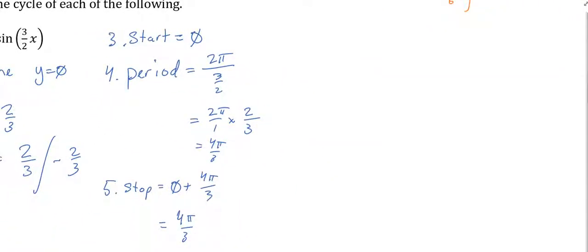So the first thing I'm going to do is the critical points. And that's the period. Some people get confused and use the stop where it ends. You're going to make mistakes doing that, right? In this case, it would work because they're the same, but that's because there's no phase shift, which doesn't usually happen. So make sure you're using the period, 4 pi over 3, and you divide it by 4.